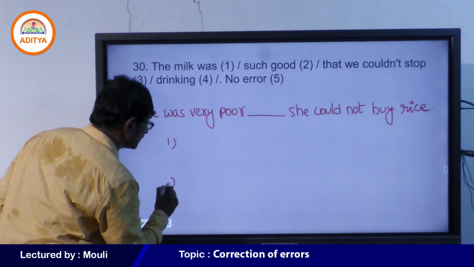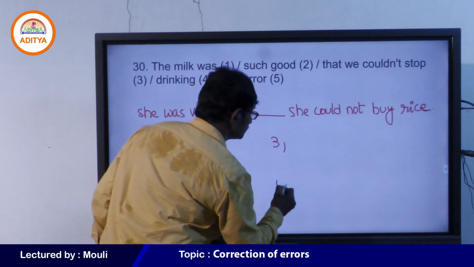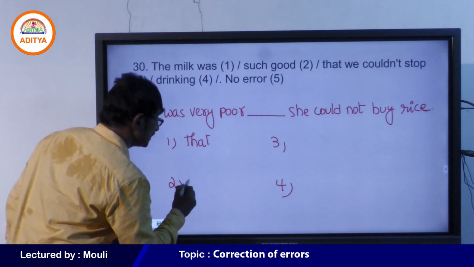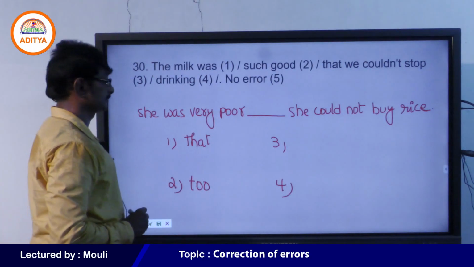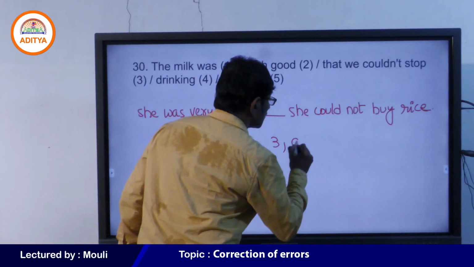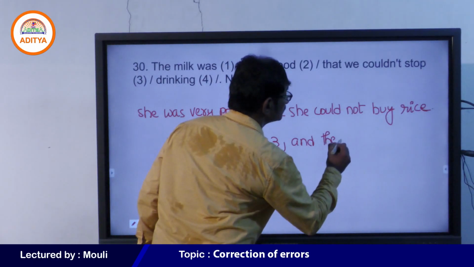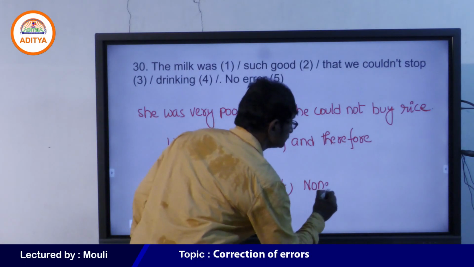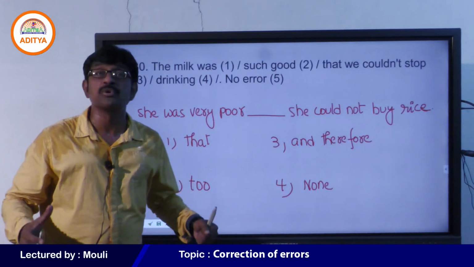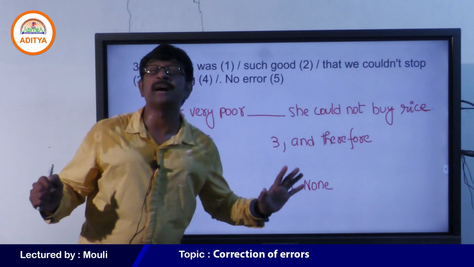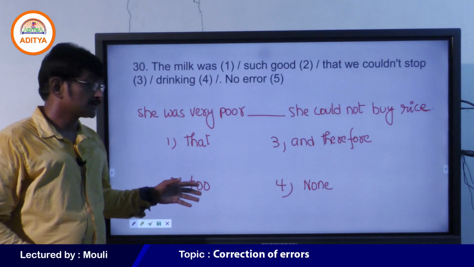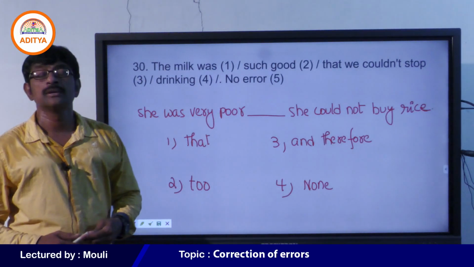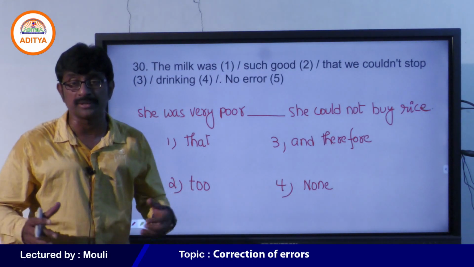Now I am making the choices. That, two, and therefore, none. She was very poor dash she could not buy rice. Tell me, which is your best choice?